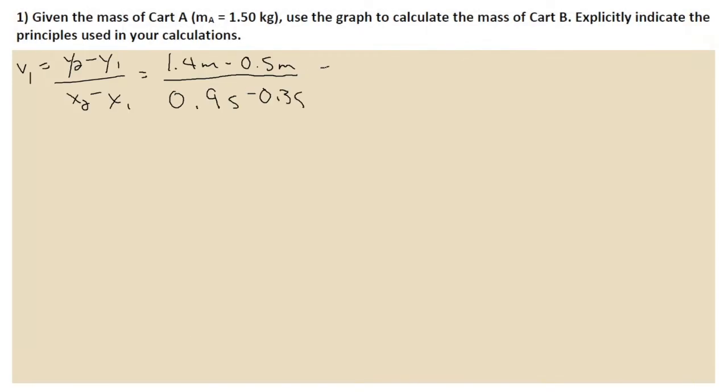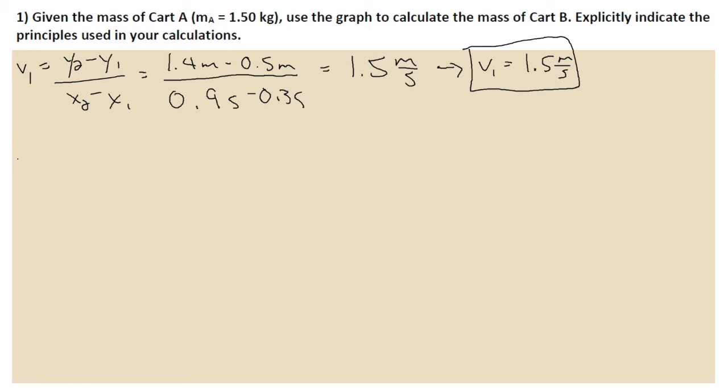And when you do that math, 1.4 minus 0.5 is 0.9. 0.9 minus 0.3 is 0.6, and 0.9 over 0.6 is 1.5 meters per second. And so my v1 for this experiment I have written down as 1.5 meters per second.